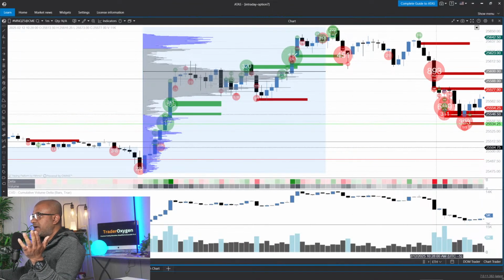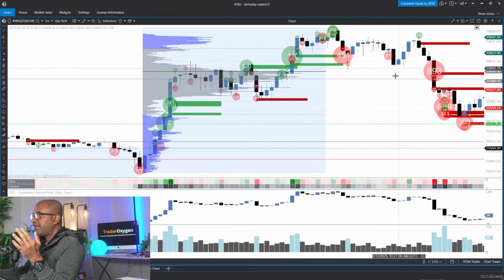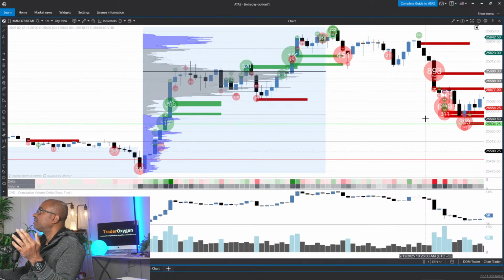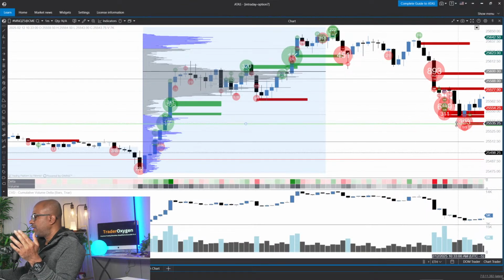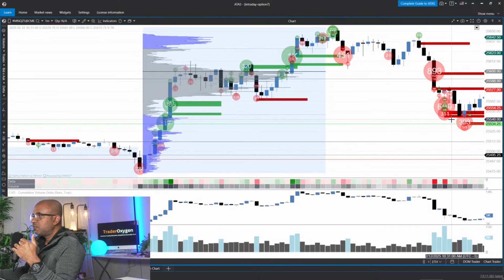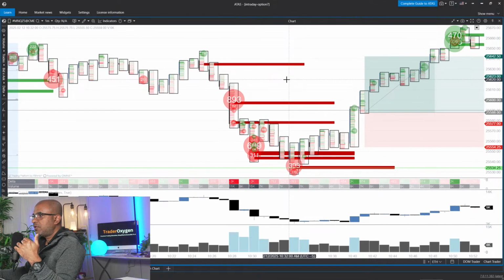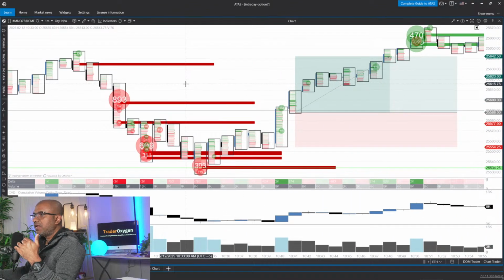So this is an area of previous interest for buyers, plus a low volume node and a retracement, price pushed up and retracing down. The retracement is being completed just in the low volume node, with aggressive sellers failing to push the price down, not being rewarded.